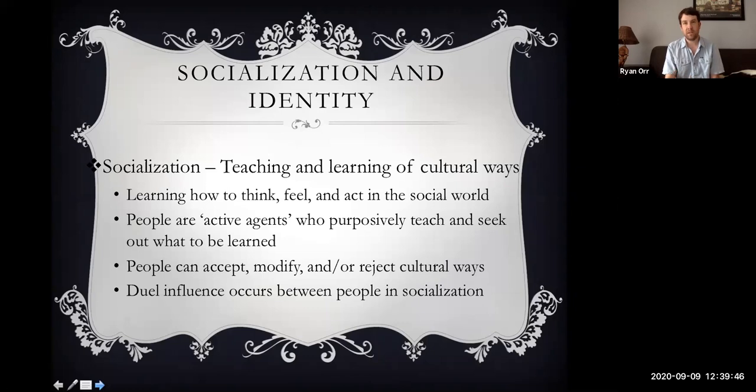And in addition, going back to their main premises, symbolic interactionists talk about how, when the socialization process occurs, just because we are learning something doesn't mean we have to accept it or endorse it. That can occur, but you can also modify the lesson being learned, or you can simply reject it. So, I think about as I was growing up, my mom would sometimes talk to me about using foul language, bad language.